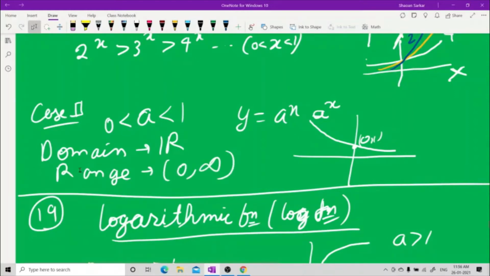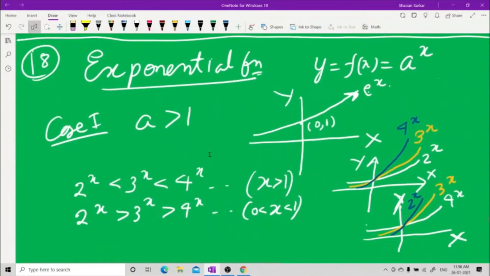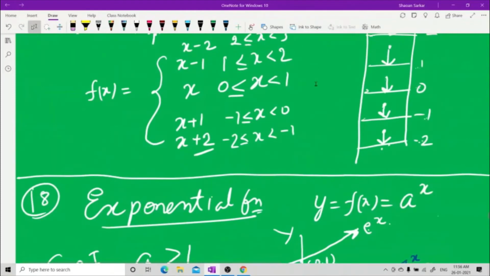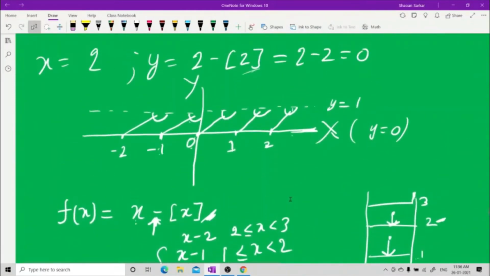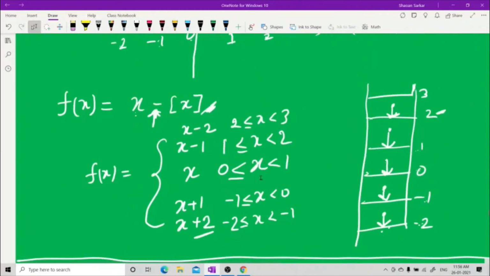This I think I forgot to tell you in my last video. I'm telling you now. Now similarly, if you look at the fractional part of this function, see all values are in between 0 and 1.